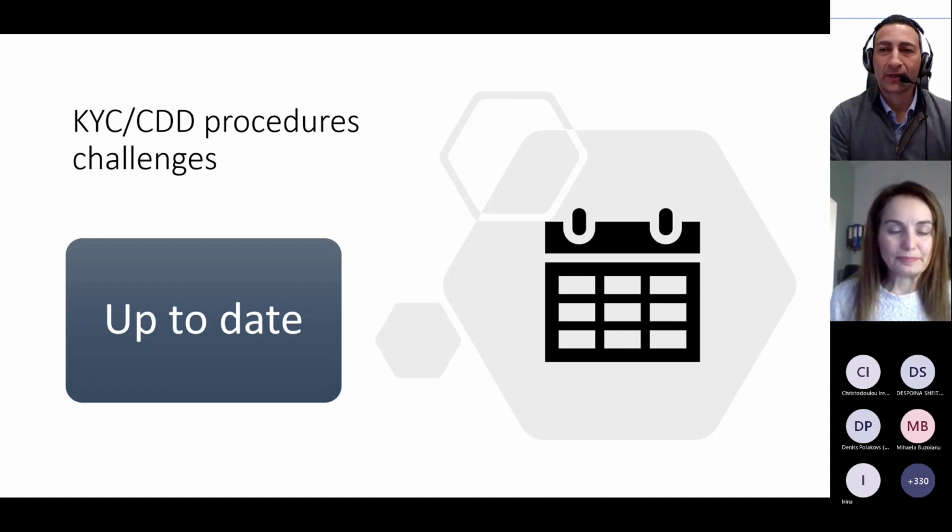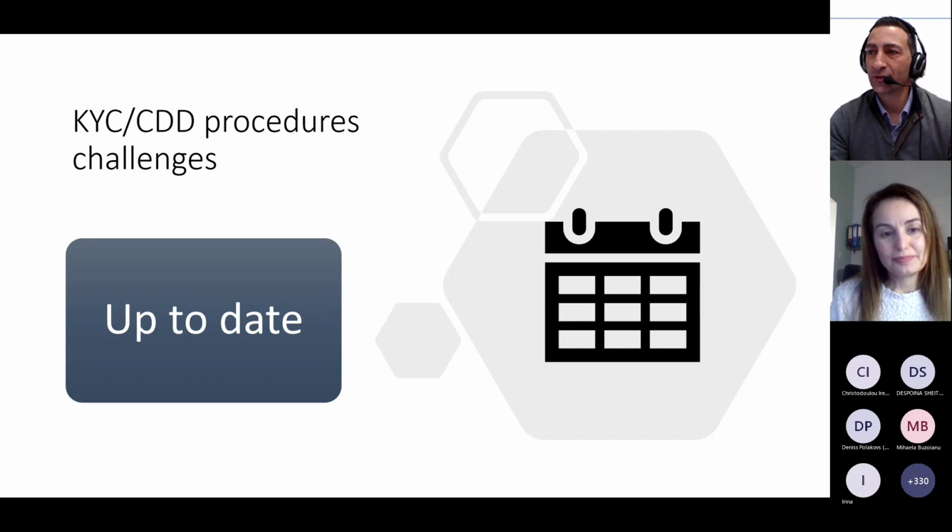We have received from one of our participants a challenge that he or she faces: verifying the source of funds and source of wealth. Yes, this is a challenge. There is actually no correct answer here, because it depends on what the customer states.